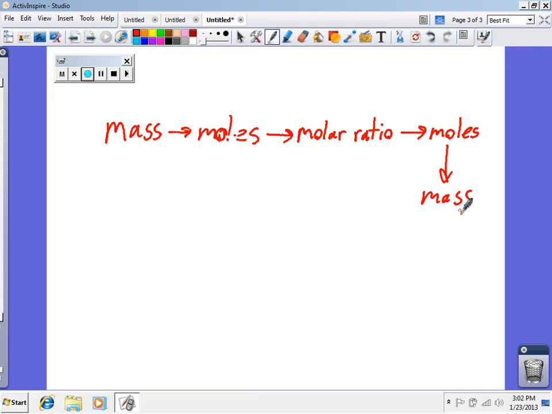So, I mean, really, it's just mass to moles, moles to mass. That's the heart of every mass-to-mass stoichiometry problem.